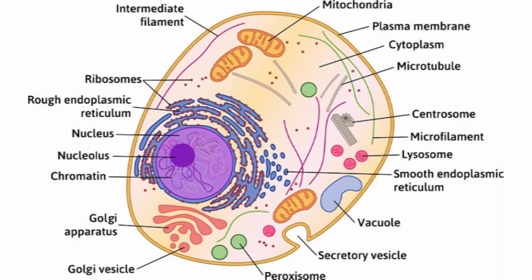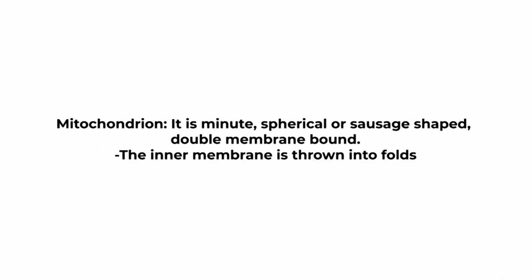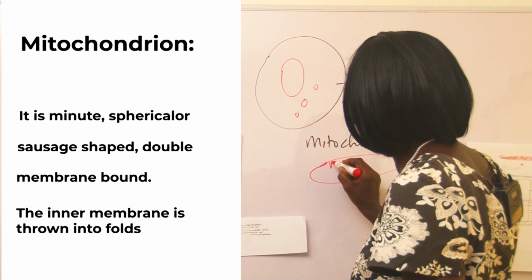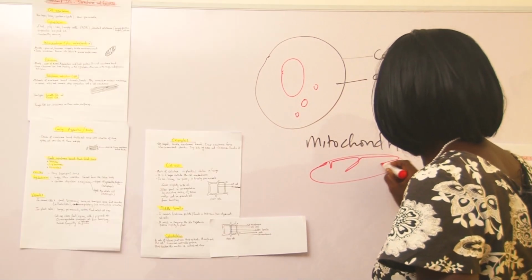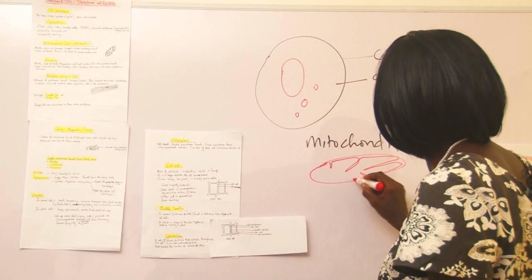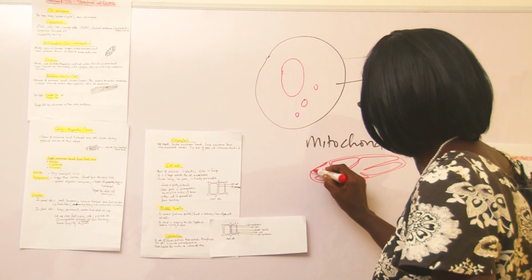We want to look at the mitochondrion. The plural is mitochondria. It's a very simple structure. It's double membrane bound. The inner membrane causes it to be thrown into folds.